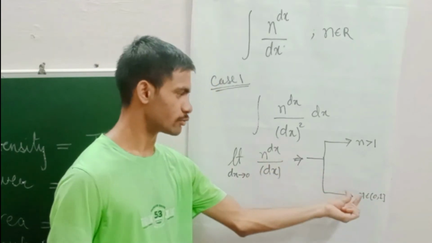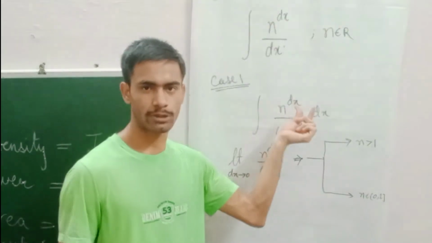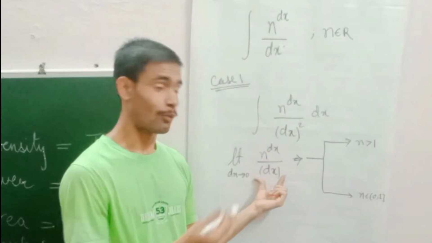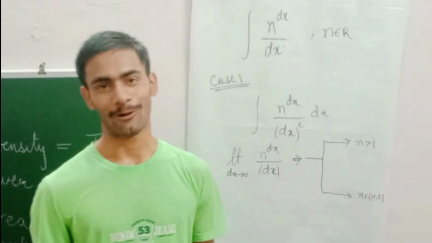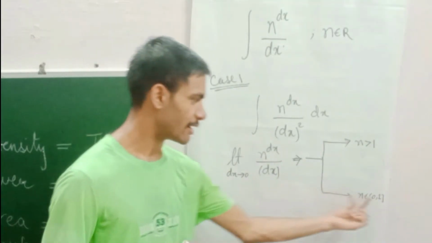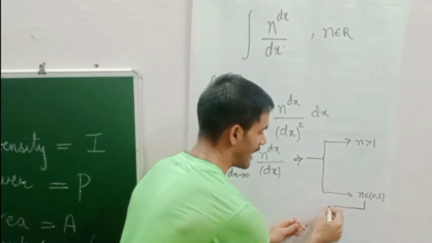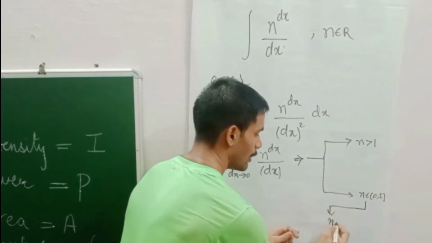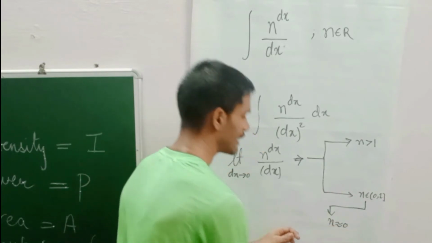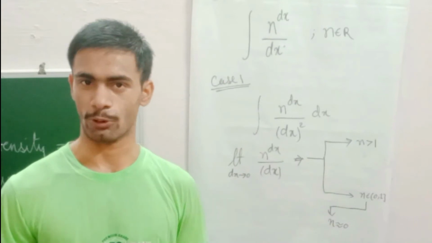Where it's somewhere between 0 and 1, 0.5 power dx, 0.5 power 0, 1 by 0, again not existing. So one more case you have to specify, when n is tending to 0 but not equal to 0.